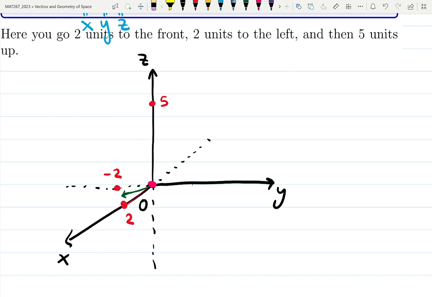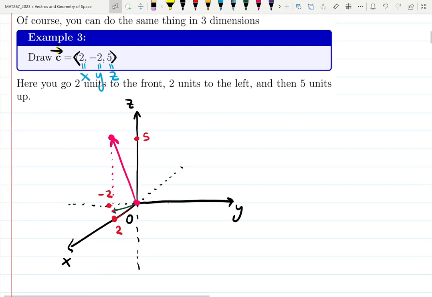Maybe it's too long actually. Goes up to 5 units. In 2D, it would stay on the floor between x and y. But then we're lifting it up. That makes it 3-dimensional. And it points at the point P, parenthesis 2, minus 2, and 5.